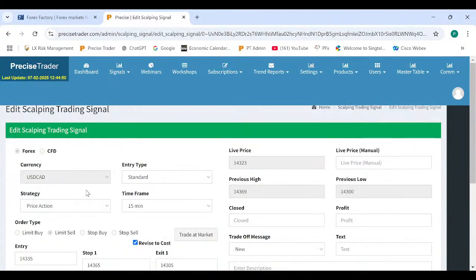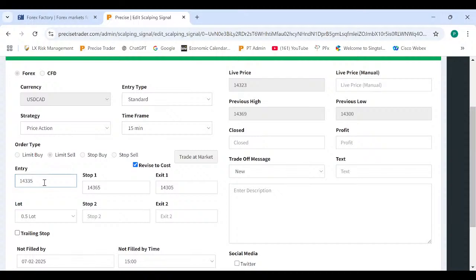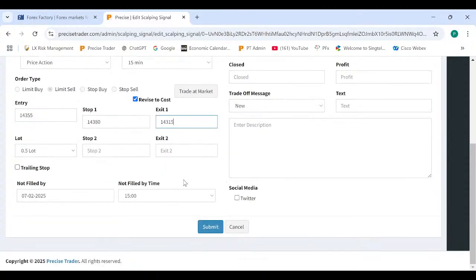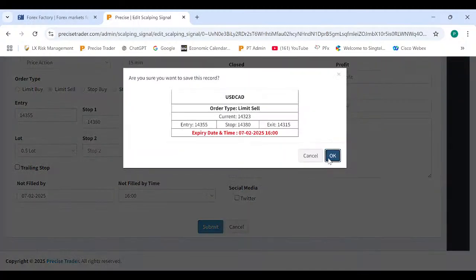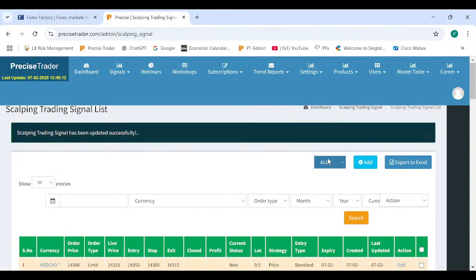So what we will do is change this one to 55 scalping, 80 and 43.15 half lot, and give it one more hour, until 4 p.m.